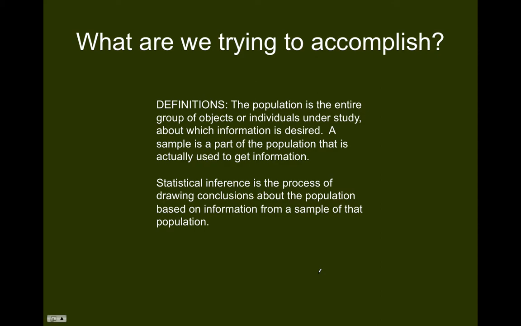So statistical inference is the process of drawing conclusions about the population based on information from a sample of that population. In statistics there are different categories in terms of what we try to accomplish.